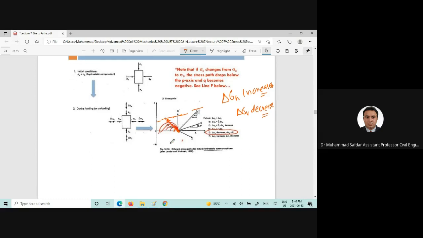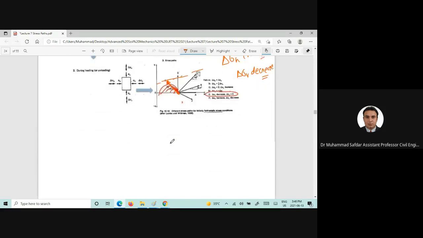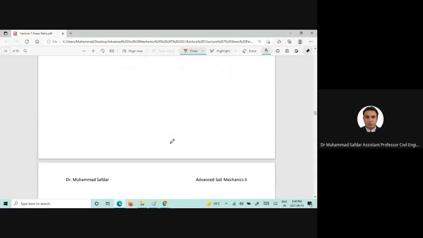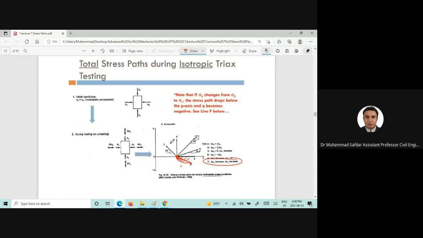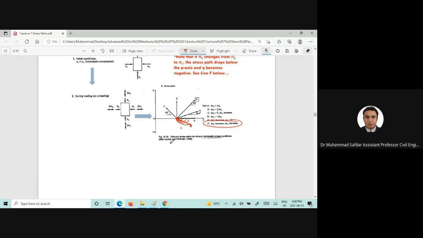That failure line is known as the critical state line, which we will discuss in our coming lectures when we relate the volumetric changes to that as well. Now, if delta sigma H increases and delta sigma V decreases, in that case the Mohr circle will be drawn in such a way, and you can draw the stress paths in this direction.